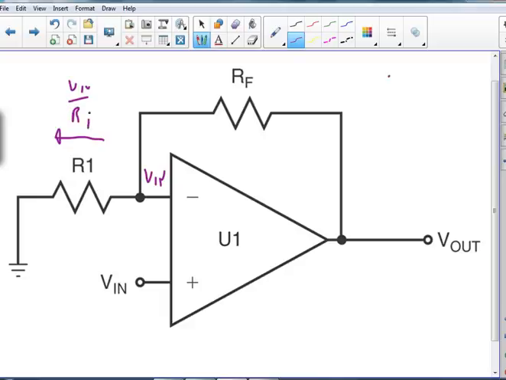Well, that same current had to go that way, so my voltage across the feedback resistor has to be Rf over Rf times Vn divided by Ri. So what is Vout?